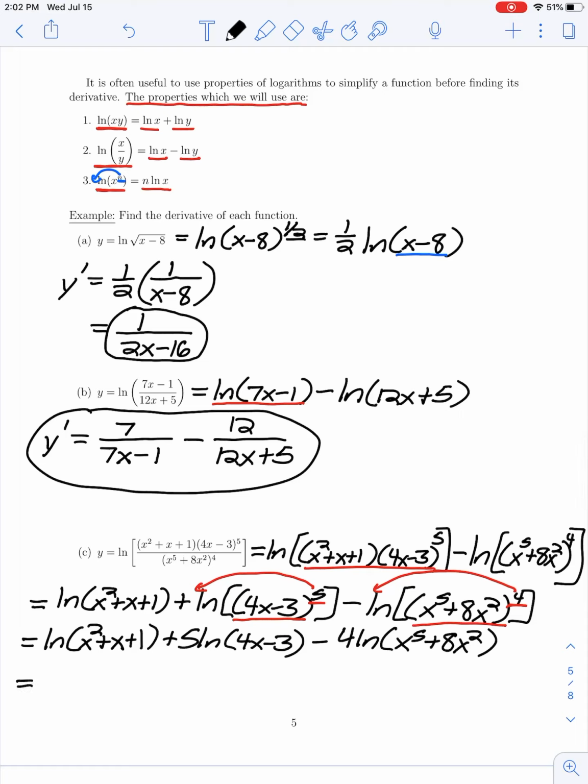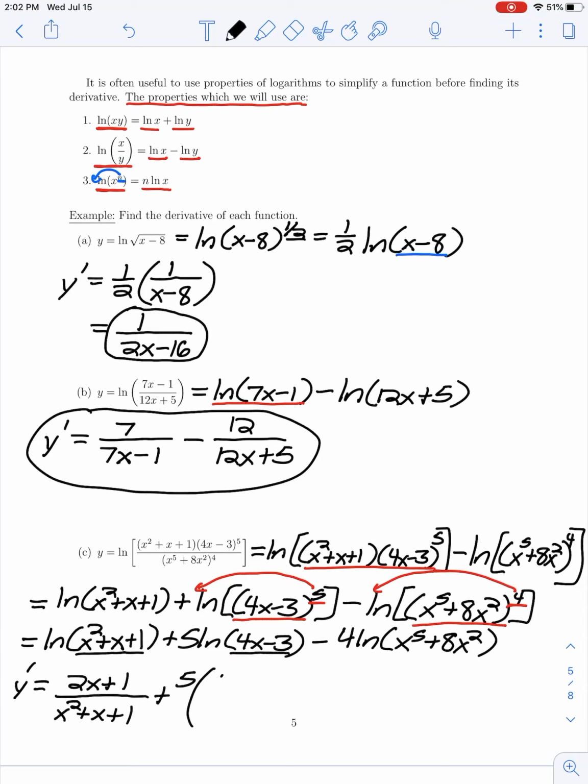So the derivative of my first logarithm, so we're finding y prime now, would be the derivative of this inner function, which is 2x plus 1, divided by the inner function, x squared plus x plus 1.